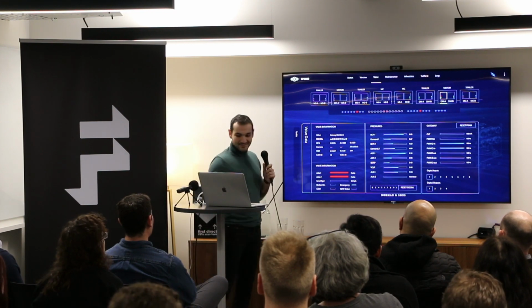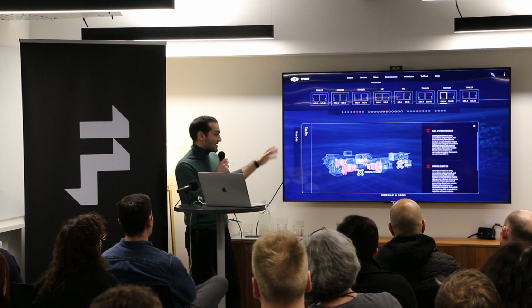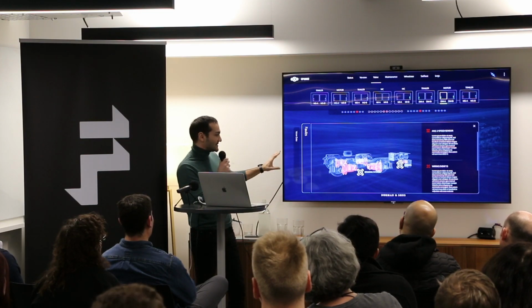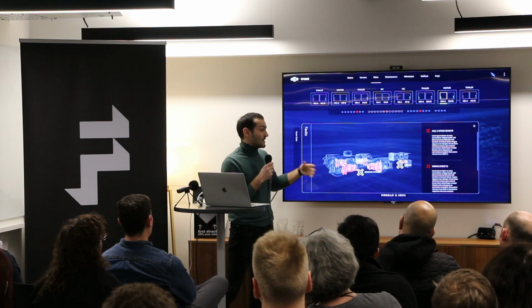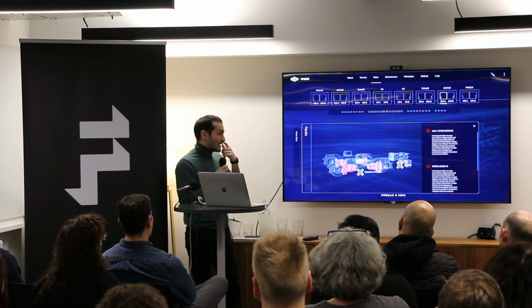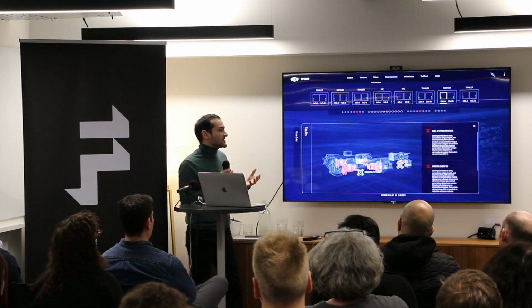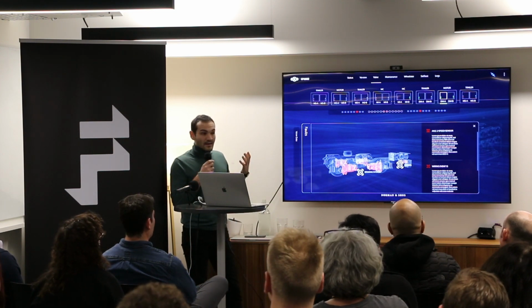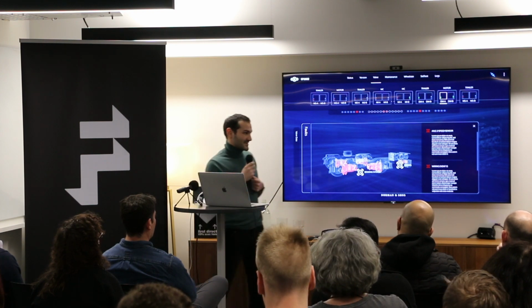You flip the card, and you go to the fault card where you can see how it actually looks. The system highlights where the faulty parts are. And of course you can find information like when it was built, who positioned it, if it needs to be changed, and other information that helps them understand how to repair the actual part of the braking system.